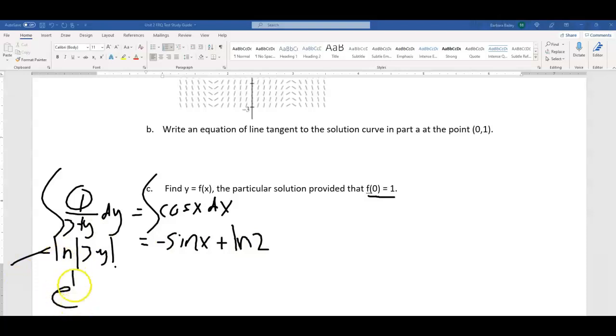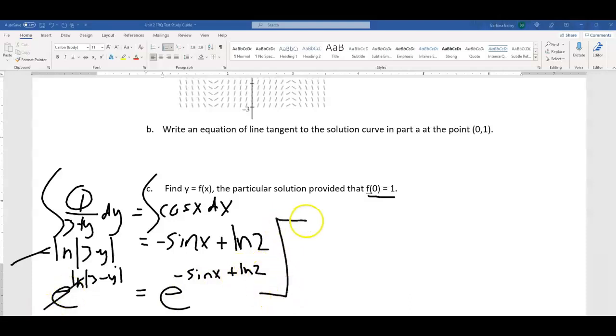So now we have, oops, it's not y, it's minus y. These cancel out, leaving us with absolute value of 3 minus y equals this.